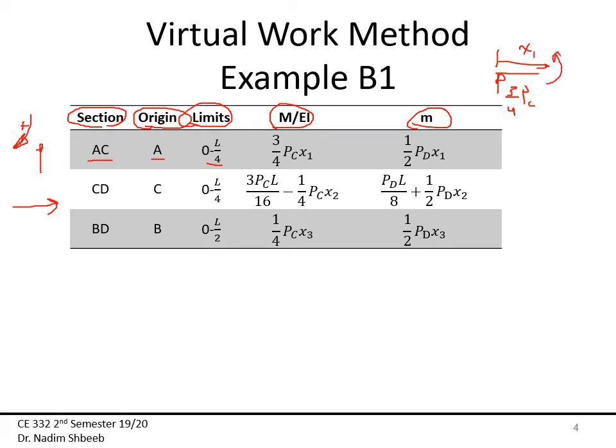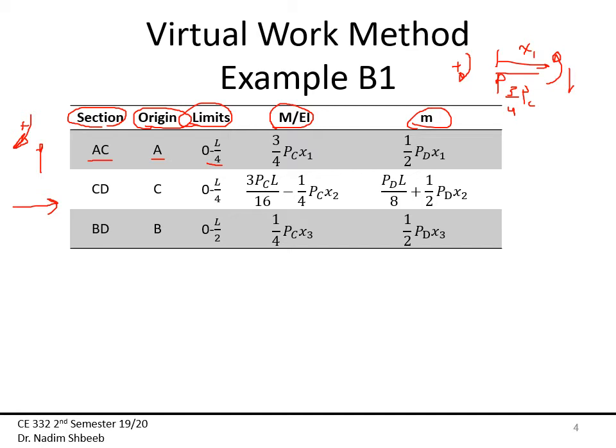Then this is my moment and this is my shear value. Here I'm interested just in the moment. Then summation of moment at X1 is equal to 0. Here I'm choosing the positive direction as the clockwise direction, so that will be 3/4 PC times X1 simply.